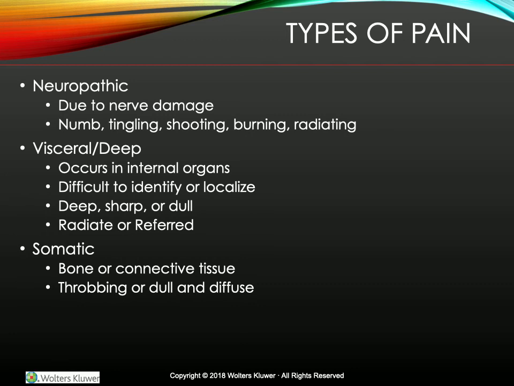Your visceral pain is a very deep pain that occurs in the internal organs. It's difficult to identify or localize. It can be deep, it can be sharp or dull, it can radiate or be referred. Your somatic pain is related to your bone or connective tissue, and it's more throbbing. It can be dull or diffuse.